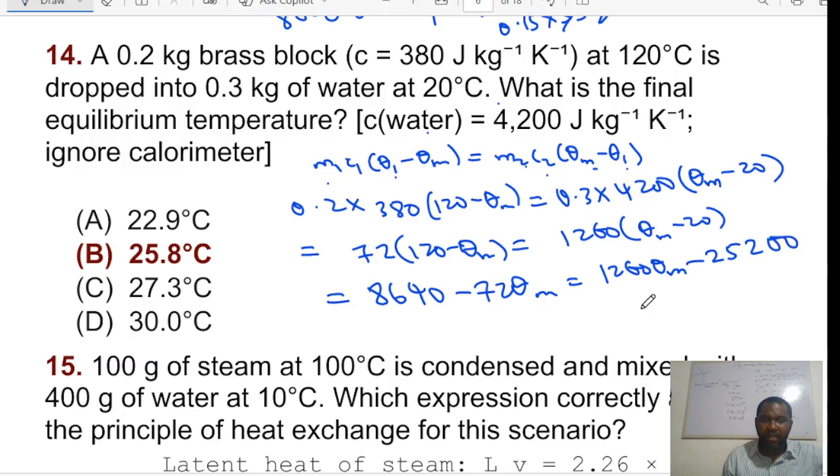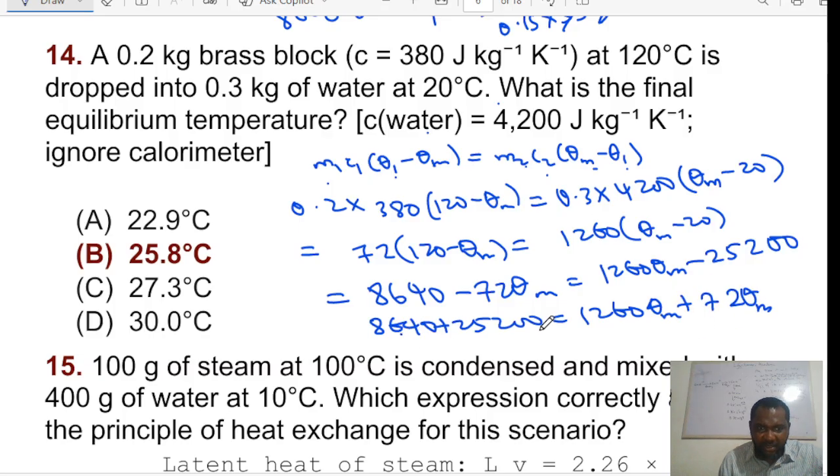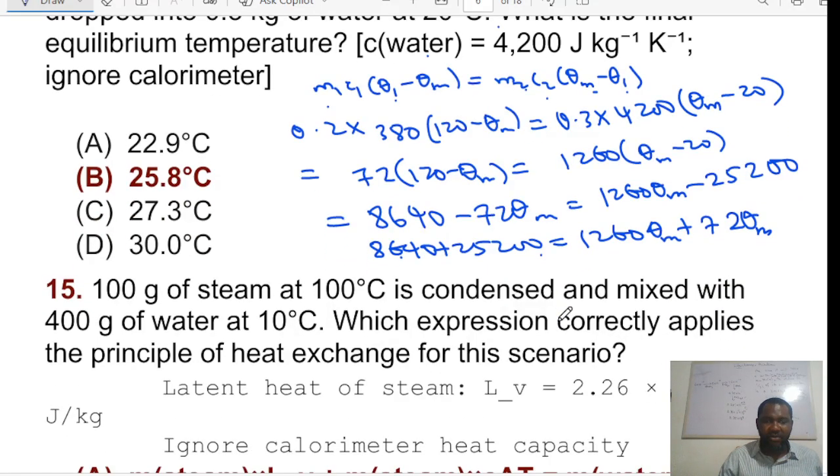So if you collect like terms now, 8640 plus 25200 is equal to 1260 theta m plus 72 theta m. So this plus this should give us, maybe I should leave you to complete this. You can give me the answer in the comment section. Okay, that is for that one.